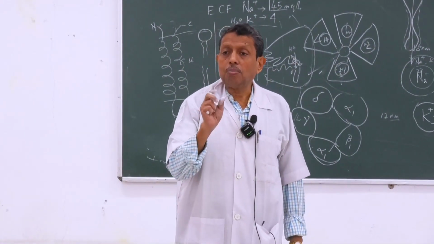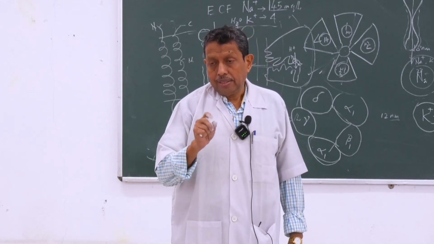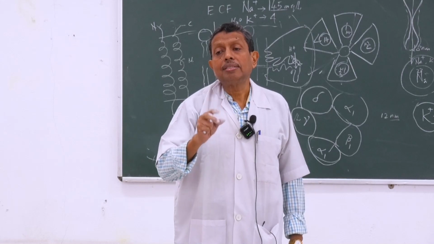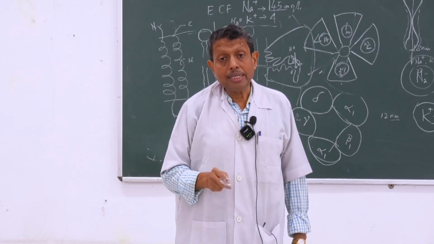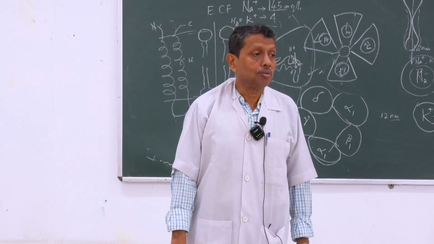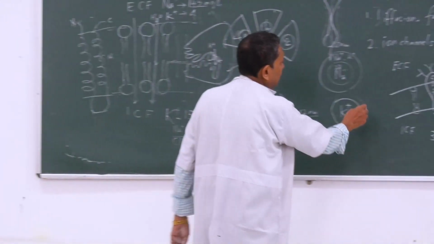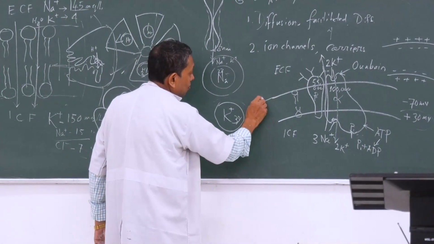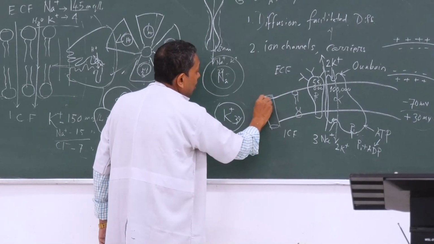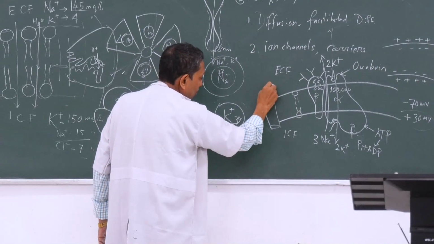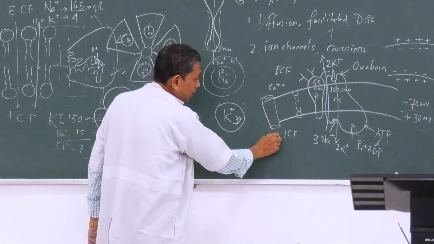When the activity of this sodium potassium ATPase is inhibited, the force of contraction of the muscle increases. It is due to an increase in calcium concentration. Suppose in the membrane there is a channel through which calcium ion moves. Normally calcium ion is higher in the extracellular fluid.